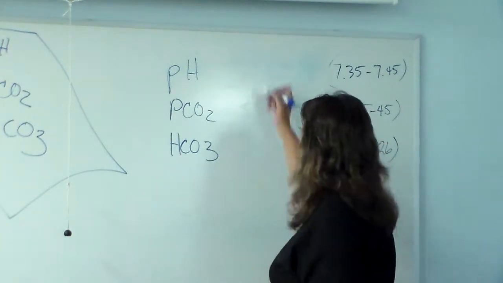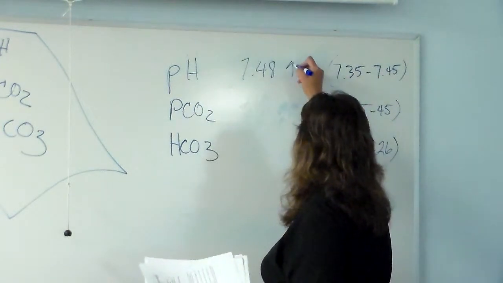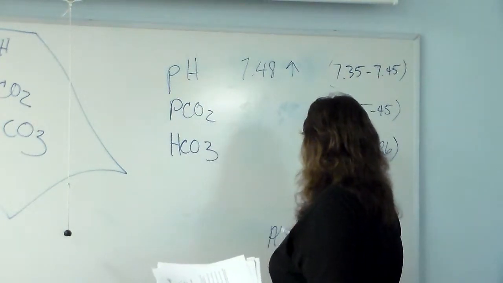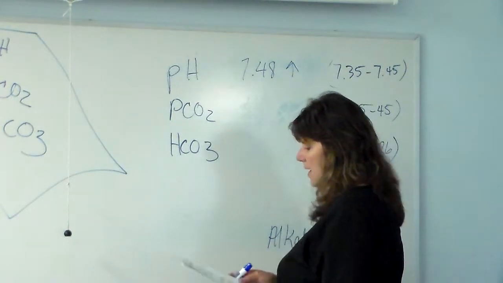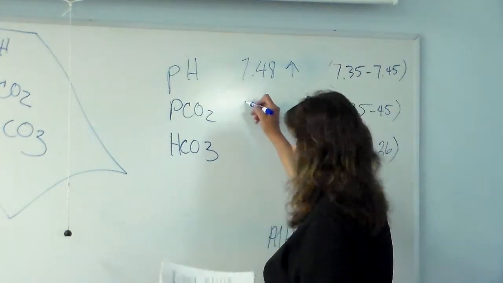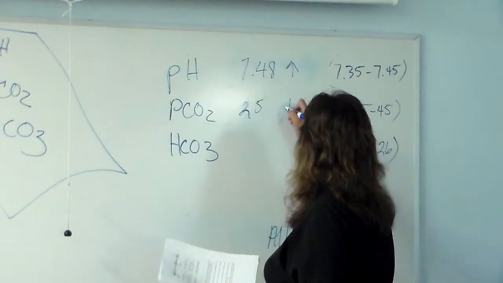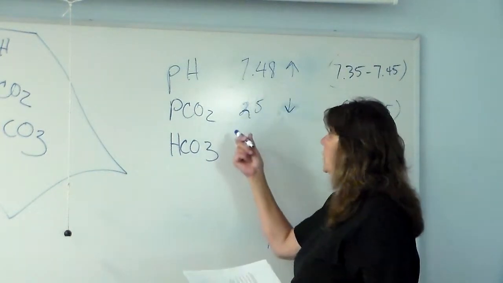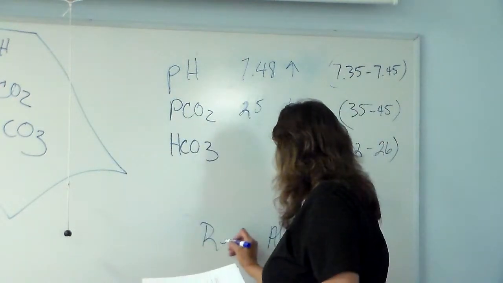Okay, my pH is a little better, 7.48, still high. So we know we're dealing with alkalosis, right? I've got a PCO2 of 25. That's low. What am I looking at? Well, respiratory opposite, yep, that's got to be respiratory.